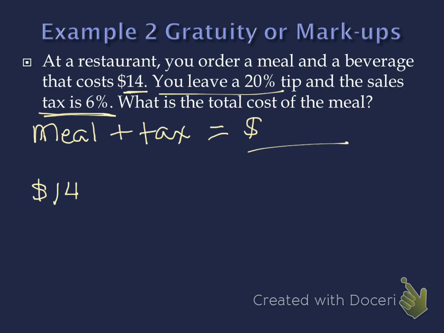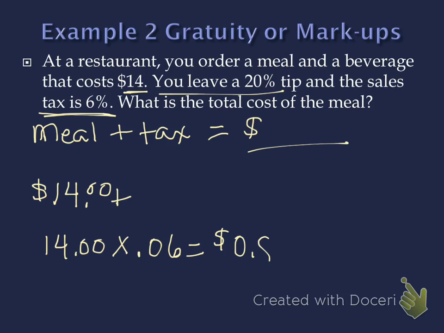If we take the $14 meal and we add on the tax of 6%, we are going to have to take $14 times 0.06, and that gives us, and you can punch this in your calculators, 84 cents. So this is the tax on the meal.